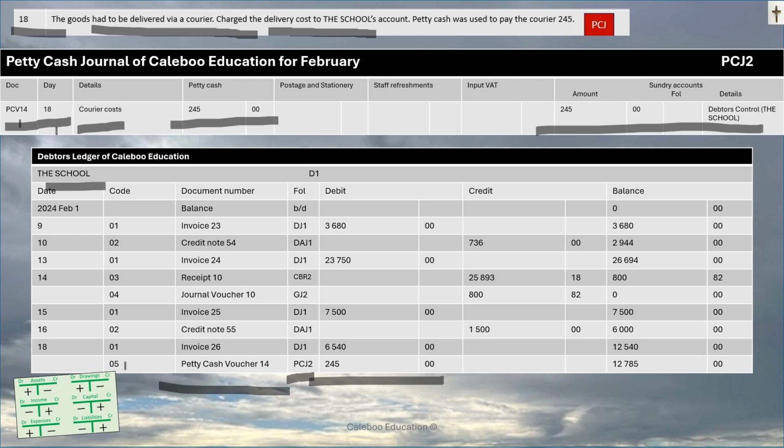We went and paid for the delivery costs of the goods on behalf of the school, and we charged it to their account. So we're going to get those costs back from the school. And now the balance has gone up by 245. And the school owes us 12,785.